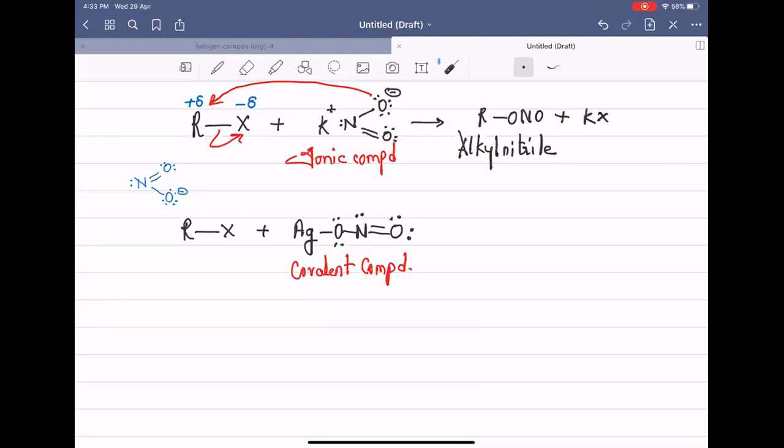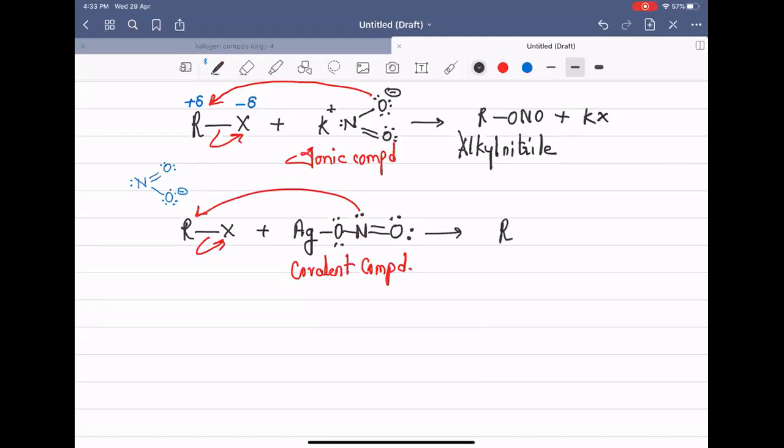Now, a neutral oxygen with a lone pair and nitrogen with a lone pair. Of the two, what is more nucleophilic? As I've told you, you have to consider the electronegativity. Nitrogen is less electronegative, and so it can easily give away electrons like this.